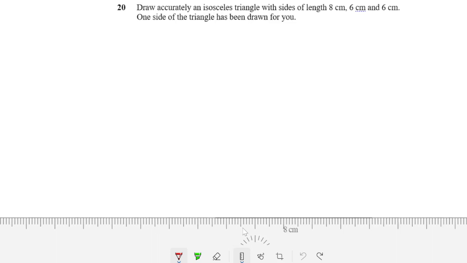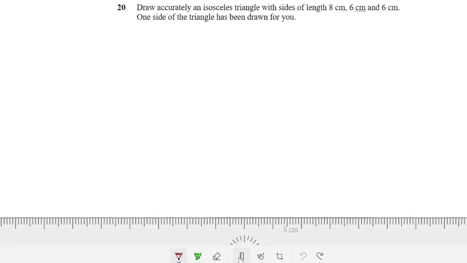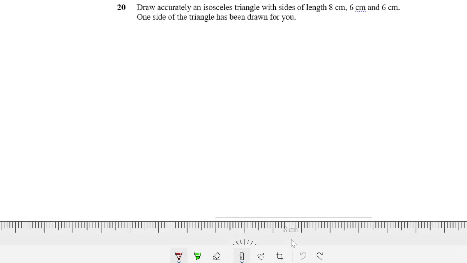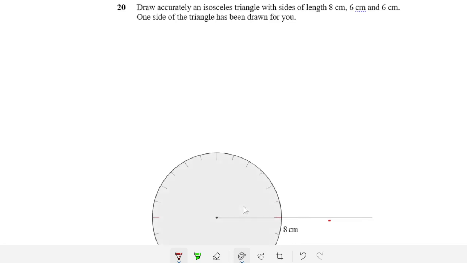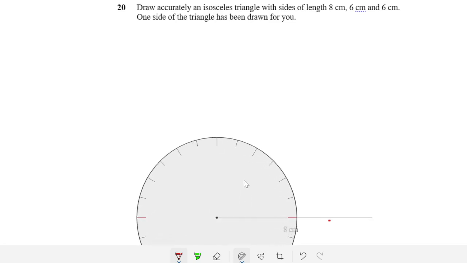So in effect, I want to measure 6 centimeters. I'm going to say that 6 centimeters on my diagram is going to be roughly there. It doesn't need to be on your diagram, it's just a way that I can show it. The next thing you need to do is get your compass, and set your compass arms to 6 centimeters.